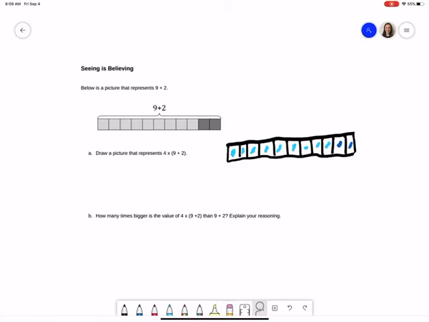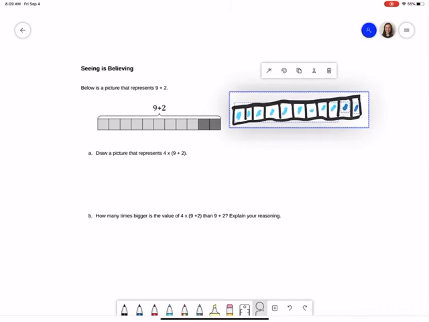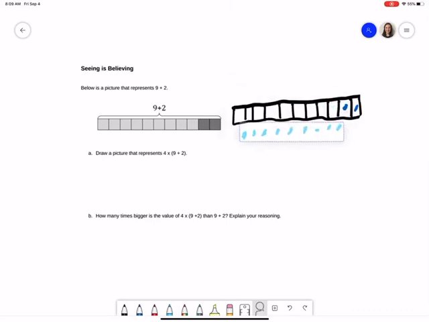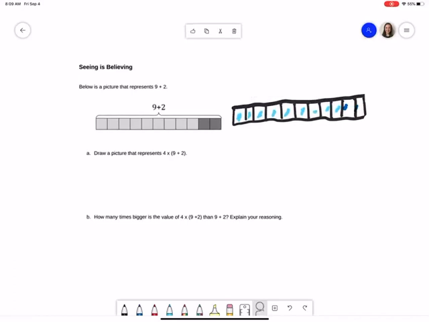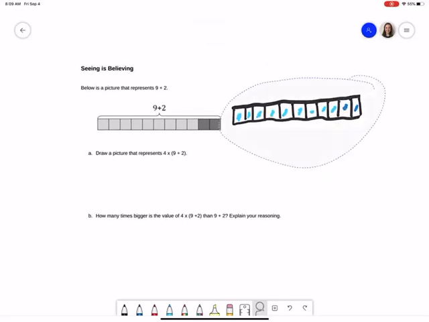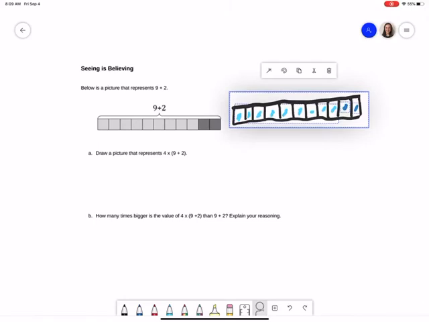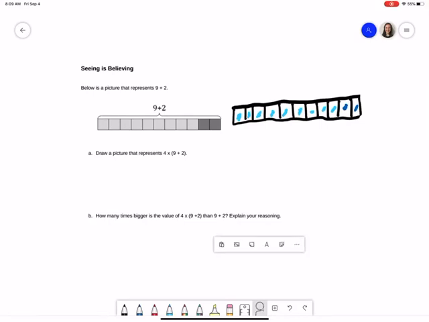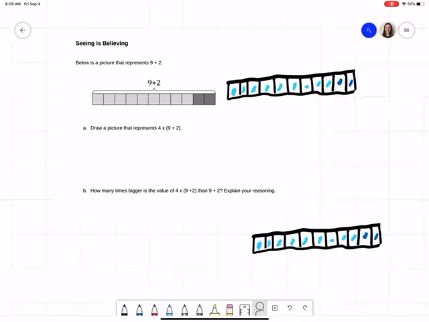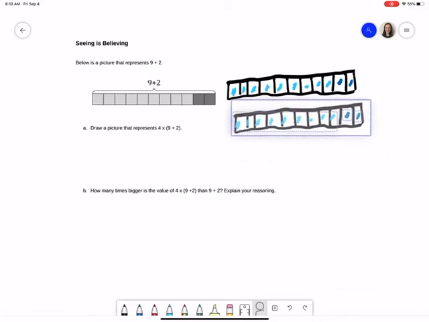And let's see if I can. Uh-oh. Not quite what I wanted. Let's try this one more time. Copy. Paste. Okay. It's not letting me grab the whole thing. Okay.